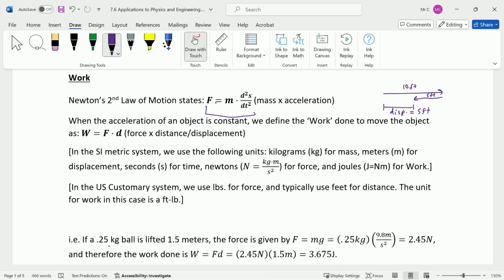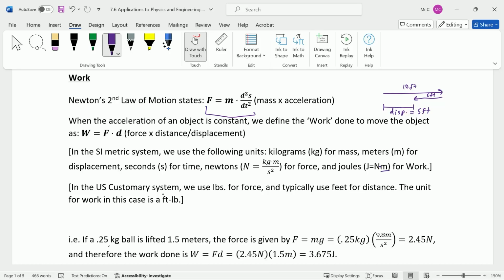Force is mass times acceleration, so we get the mass in kilograms times the acceleration in meters per second squared. And joules is the force, the newtons, applied over a certain distance, the displacement, which is in meters. So the units for joules are newton meters, but we usually just describe them as joules.